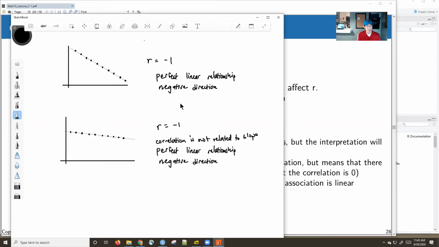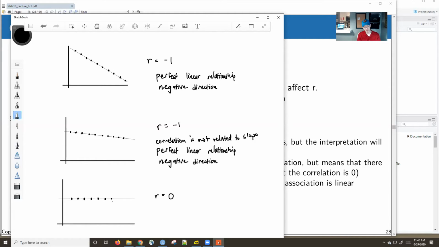But if I make it flat, what would the correlation be? The answer is the correlation would be 0.